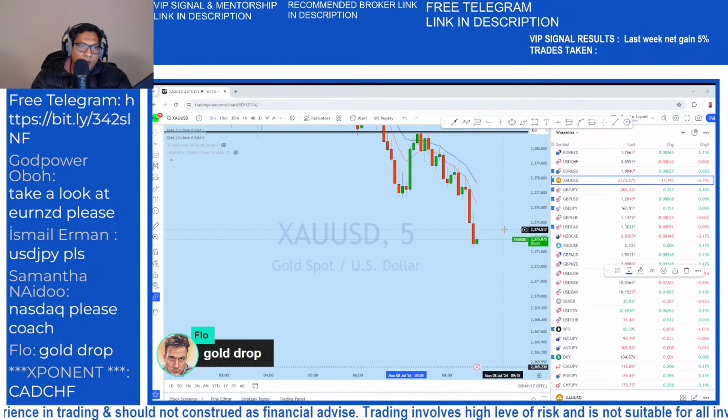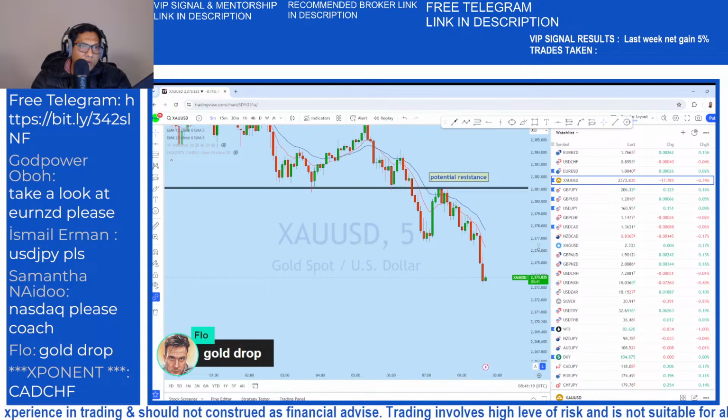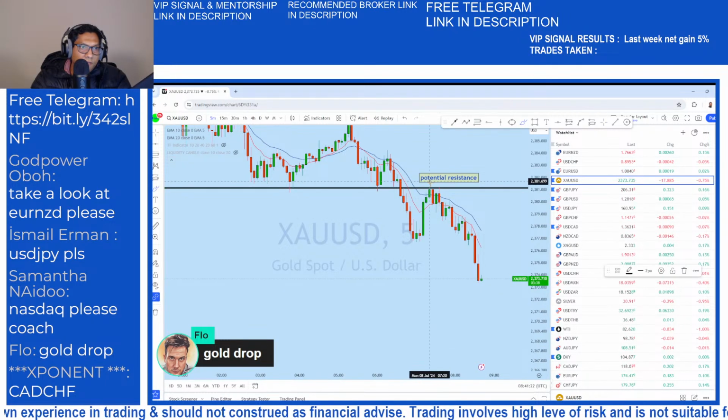Okay, here, this is the 5-minute chart. We have seen a pretty strong triangular pattern here.